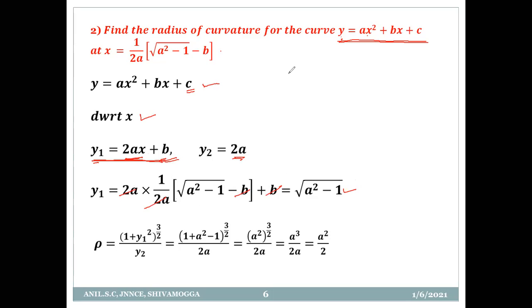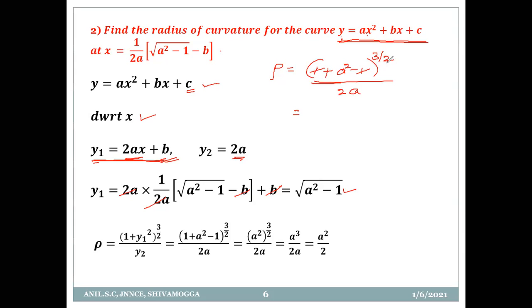Now substitute here. Rho is equal to 1 plus y1 square, whole power 3 by 2, divided by y2. y1 is square root of a square minus 1. Therefore, y1 square is a square minus 1. What is y2? y2 is 2a. Cancel this plus 1 with this minus 1. This is equal to a square whole power 3 by 2.